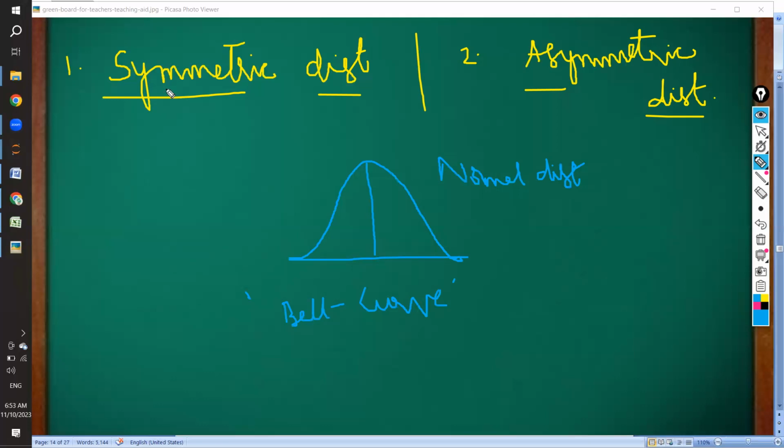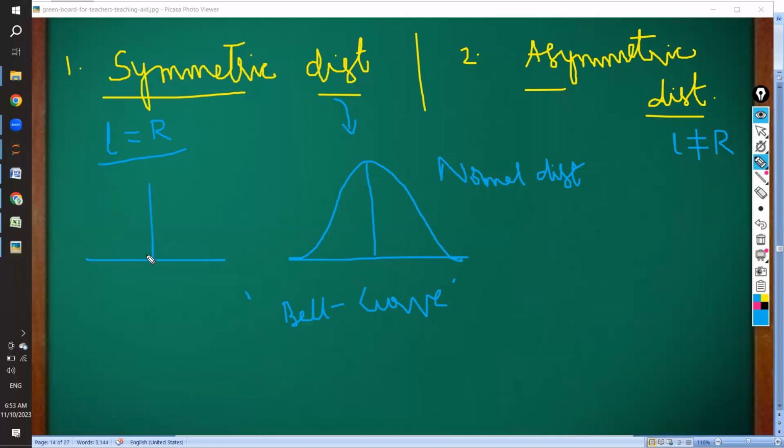Two or three important points over here. First, symmetric distribution is simply the distribution where the left side portion is equal to the right side portion. Asymmetric is left side not equal to right side. Normal is left side equal to right side, so obviously it is symmetric, but the shape should be in the form of a bell curve. If you're talking only about symmetric, the left side should be equal to the right side, and that shape could be anything.